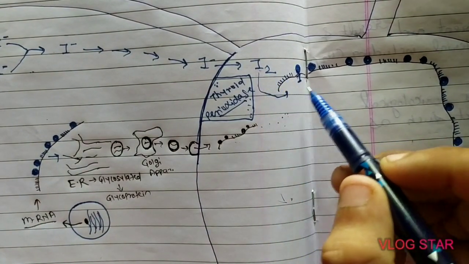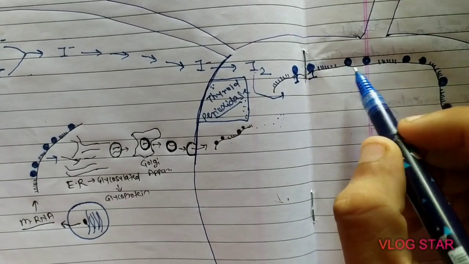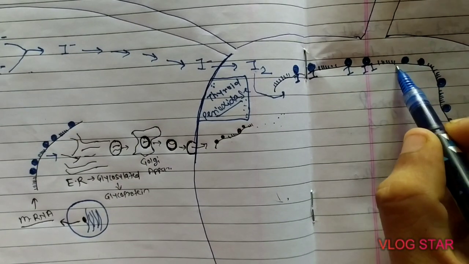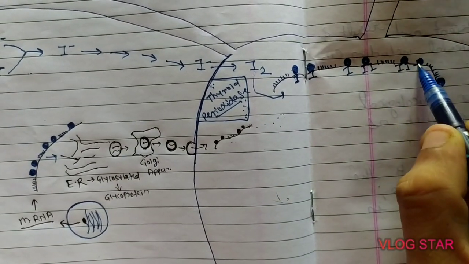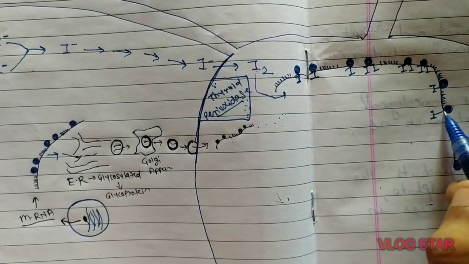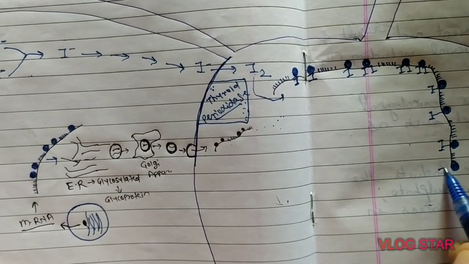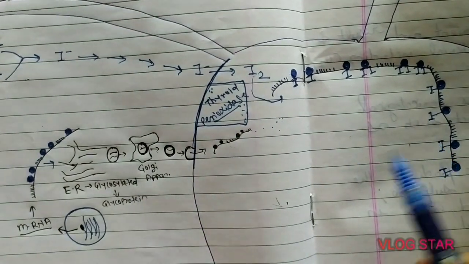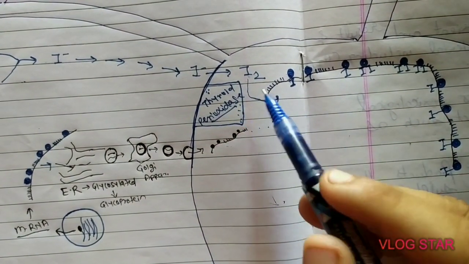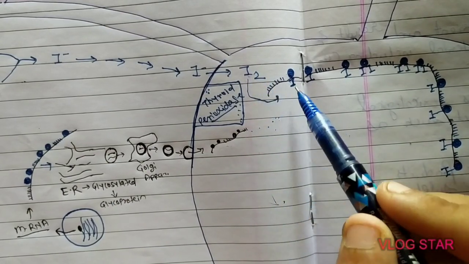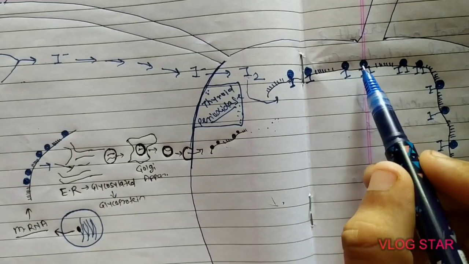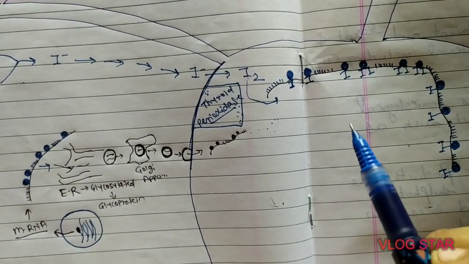So this iodine goes and binds to the tyrosine molecule, and finally the iodine gets organified. So this is one tyrosine molecule and this is the next tyrosine molecule.